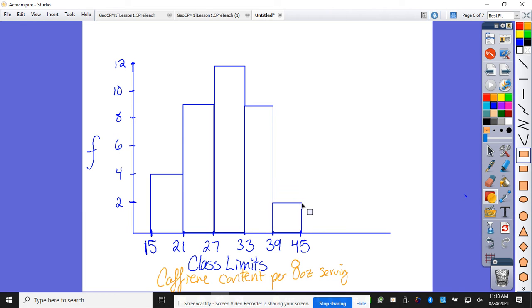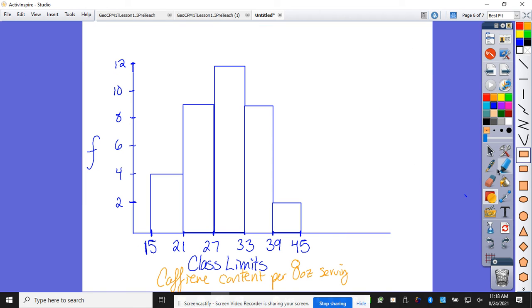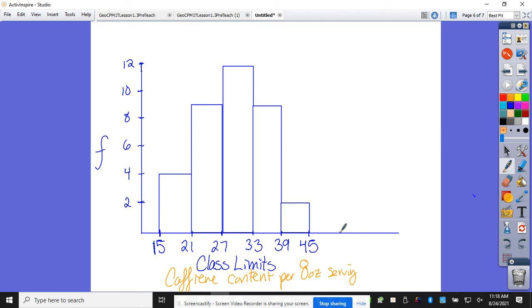So what do you see as an issue with where I am? So I need a 6th bar. It starts at 45. It stops before what number? So you actually have to write the next one that would be there, which is why I circle it.